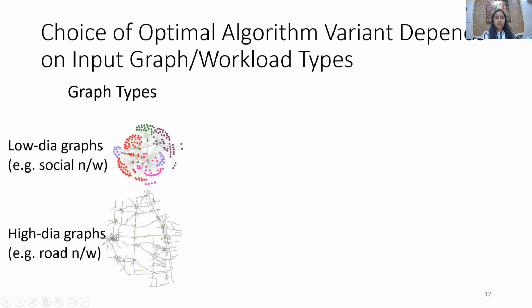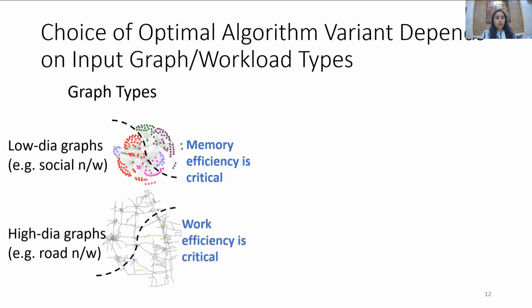For low diameter graphs, the vertices are highly connected, making them very hard to partition. Because of this, it is hard to exploit the hit rate in them, and therefore memory efficiency is extremely critical. For high diameter graphs, in contrast, work efficiency is more critical. This is because any wrong updates may travel deep into the graph without being blocked by high degree nodes as would be in a low diameter graph.